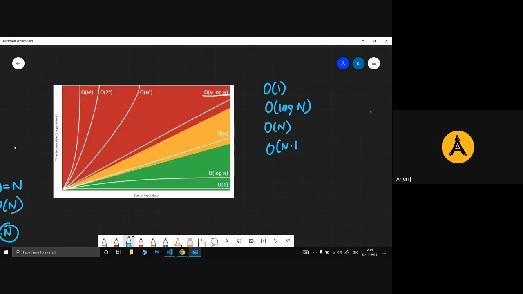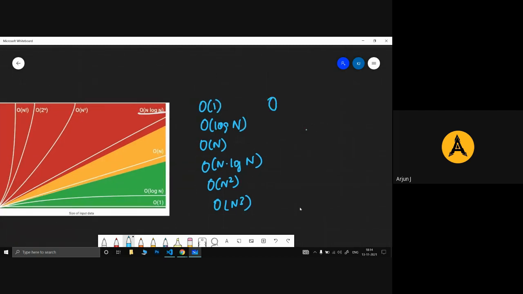O of n log n is called linearithmic. O of n square is known as quadratic. O of n cube is known as cubic. Then comes O of 2 power n, which is something like O of some constant power n. This is exponential. These cases will arrive when there is, excuse me guys, I will be back in a minute.